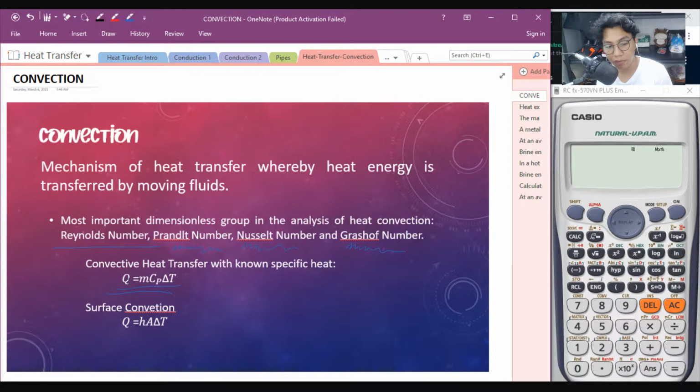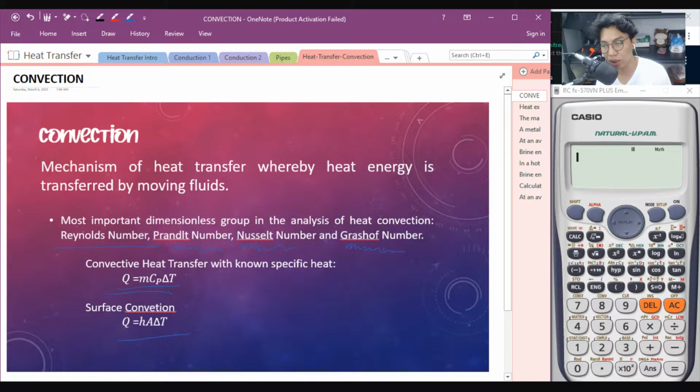Now, for surface convection, this is the convective heat transfer that is given by the formula Q is equal to hA delta T. Napag-usapan na rin natin yan dun sa overall conductance, the general formula for heat transfer or conduction, where h is the convective heat film coefficient.